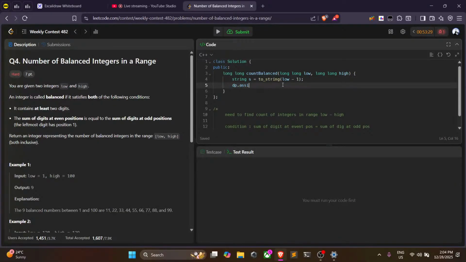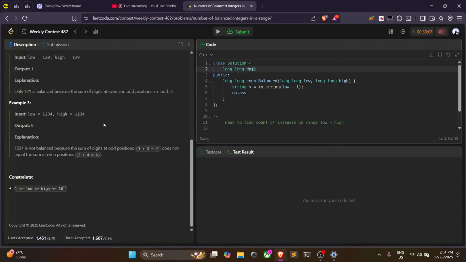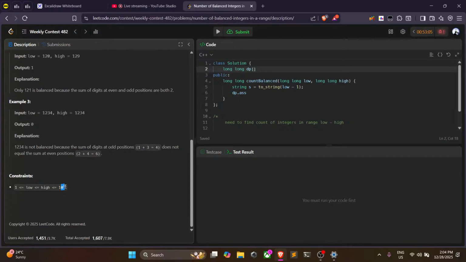DP dot assign. Let's first have the DP. What should be the value of DP? So it should go up to 15 digits, traveling through all the digits. Let me just put 20. 20 digits will be fine.